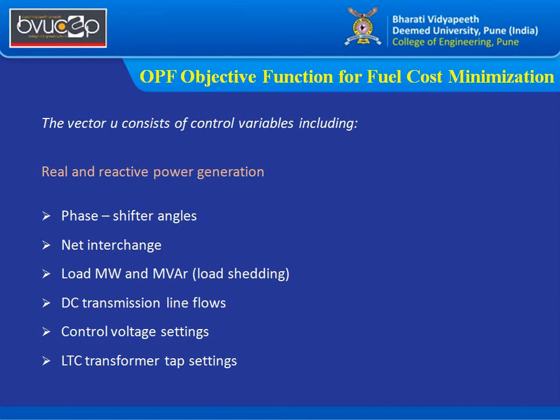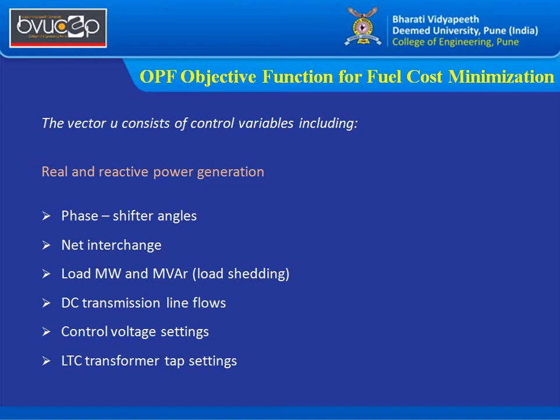Net interchange means the interchange between any two utilities, load megawatt and reactive power, that is the load shedding, which is going to be the power flow balance, or you can say the economic management, economic dispatching, so that the demand and generation are exactly matching with each other. It is not achieved in actual, the ideal condition is to obtain it, but practically it is not achieved.